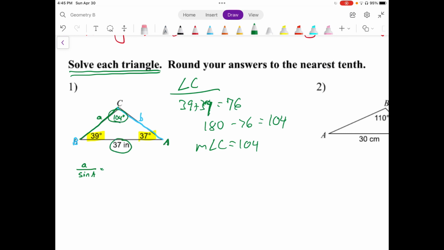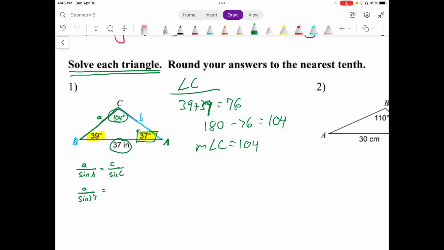We know angle C and side C, so we have to use those two. So we put C over sine of C. That's the main equation, and we're just using that proportion. We know 3 of those 4 things, so we plug them in. We don't know side A. We know angle A, so sine of 37 equals, and that was angle 37.